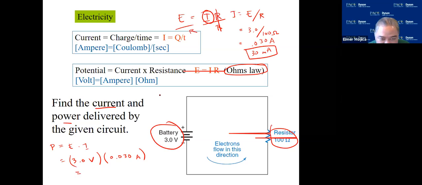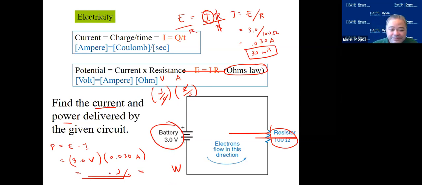So if we break down the units, this is joules per coulomb times coulomb per second, right? So this is joules per second, or what? So 3.0 times 0.030 will give you what? 0.09 watt. So those are the type of calculations that you will have in your exam next week.